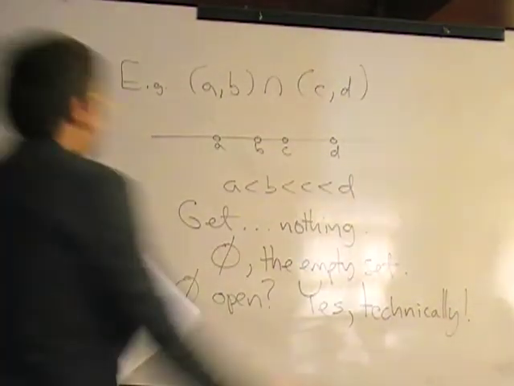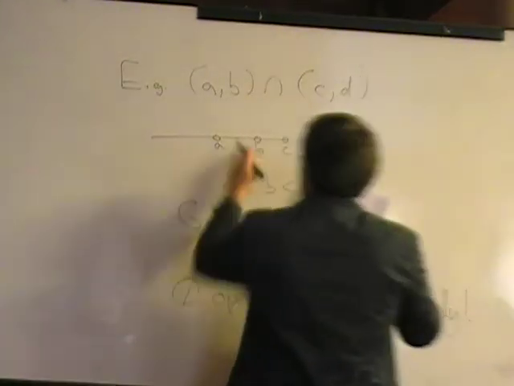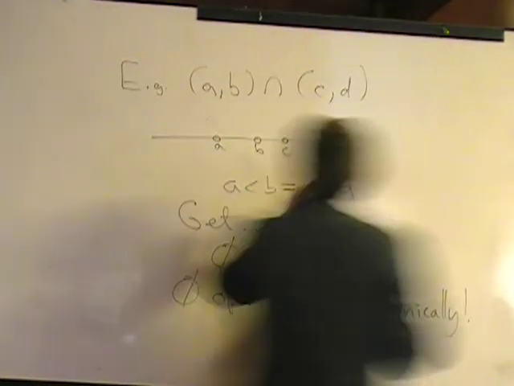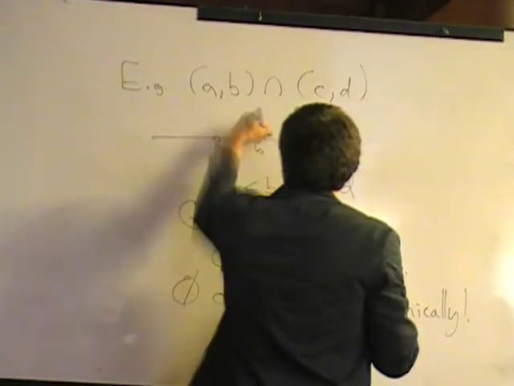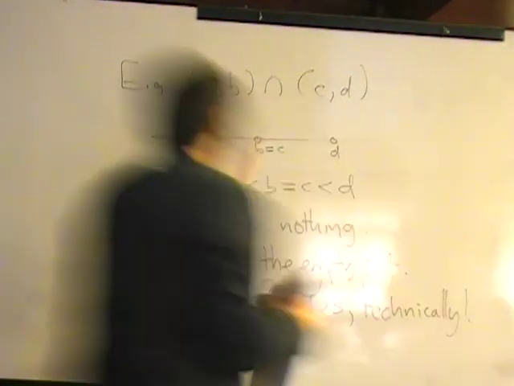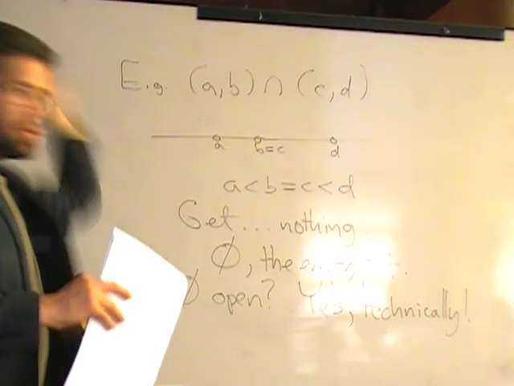Okay, what about if we did it like this? What if I make B equal to C, so now B is the same thing as C. Does anything else change?